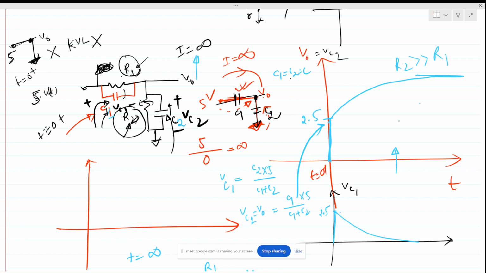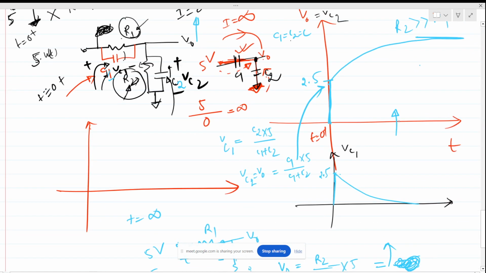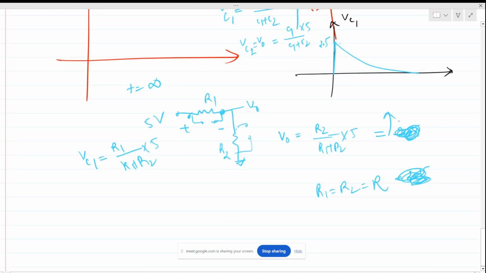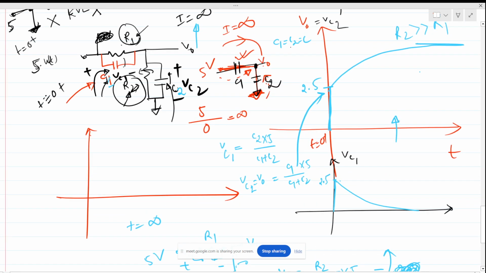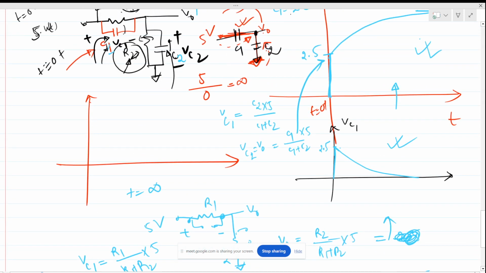The overall circuit will behave like this: C1 equals C2 equals C, and R2 is much greater than R1. So the overall picture will look like this. Why is this VC1 voltage decreasing?